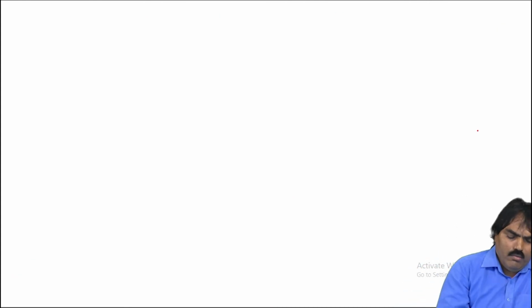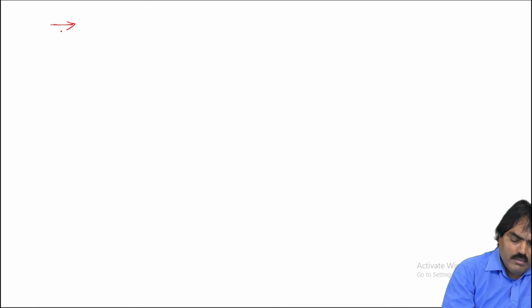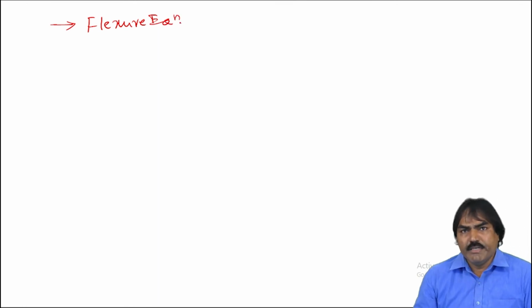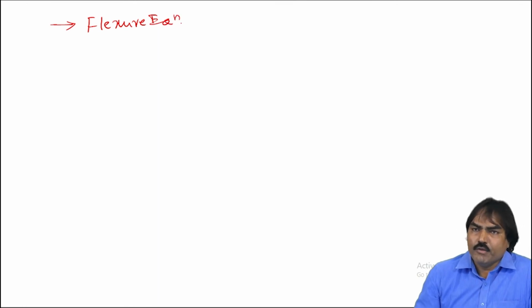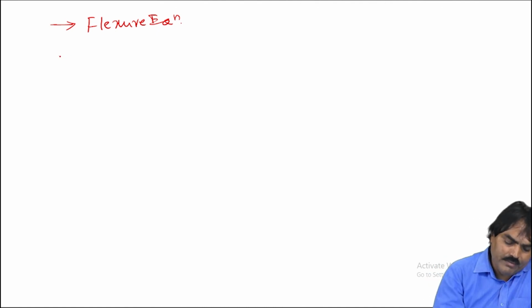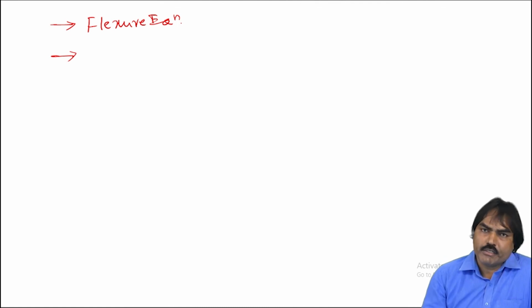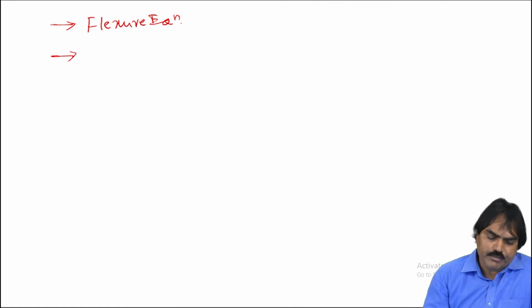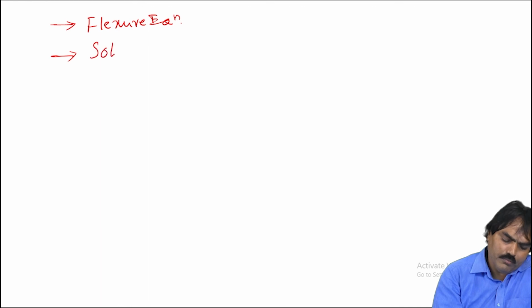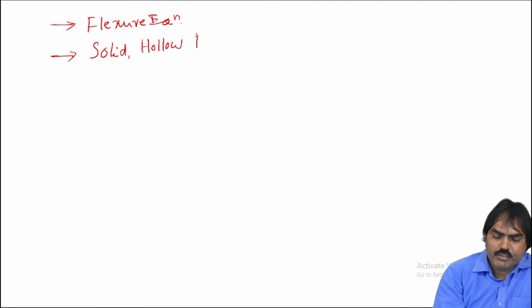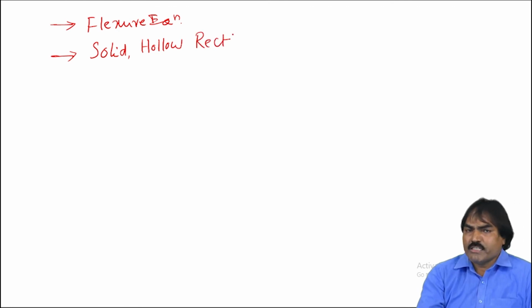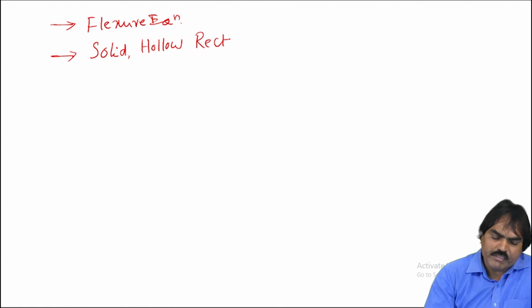So we discussed the flexure equation derivation, followed by the Euler assumptions. Then we derived the equations for solid rectangular section and hollow rectangular section, and the stress distribution and the respective equations were given.